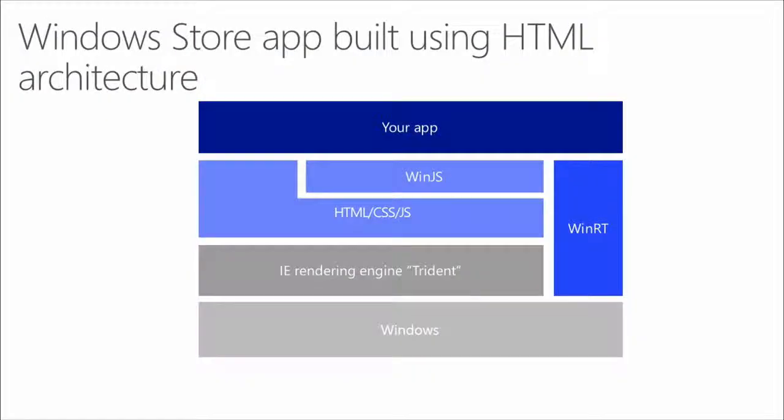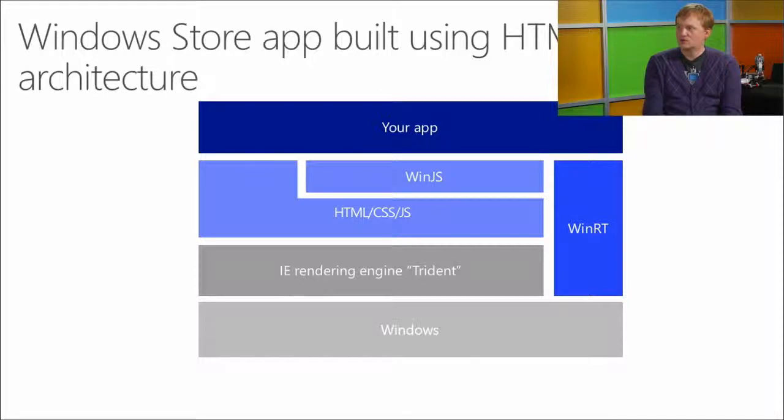Talking a little bit about the structure of an app. So in essence, we start with our app. So this is our HTML5 and JavaScript code at the very top. And then we have access to WinJS as a library, or as we mentioned before, any other library. Even Babylon.js can be used inside of an HTML5 app. I have a demonstration for that. We then have access to the WinRT object.